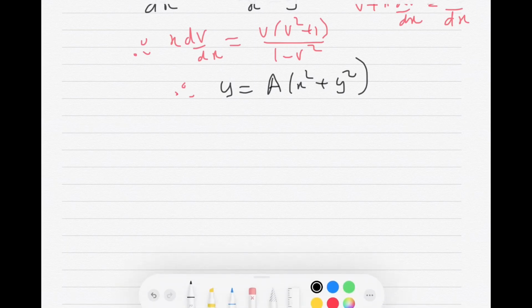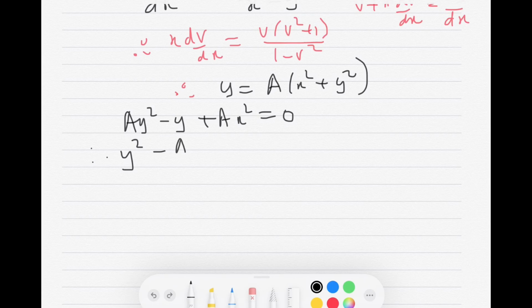Just to say what exactly the shape would be, we will get a y squared minus y, if you take the y to the other side, plus a x squared equals 0. We can divide throughout by a, therefore y squared minus (1 over a) times y plus x squared equals 0.